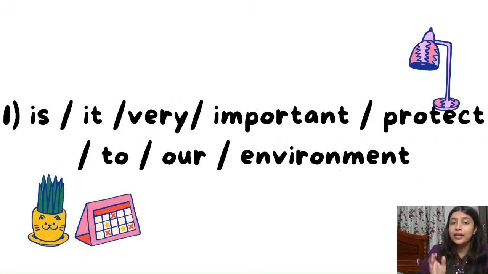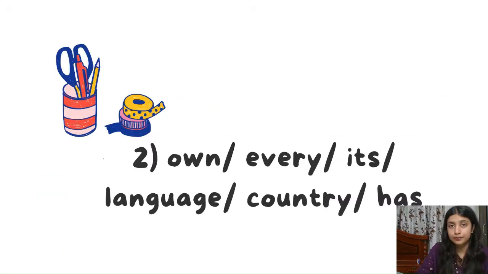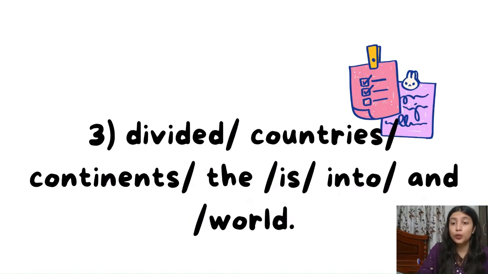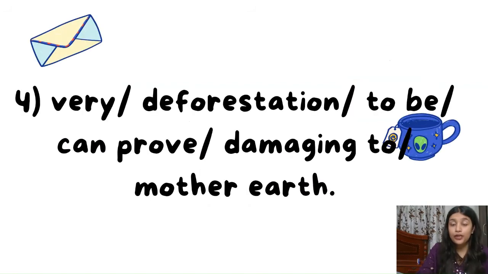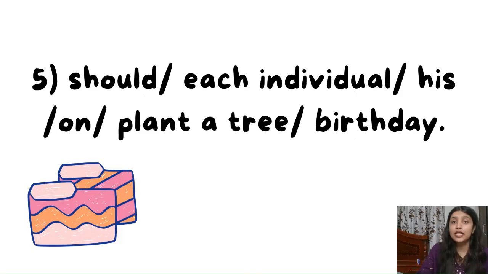It is very important to protect our environment. Every country has its own language. The world is divided into continents and countries. Deforestation can prove to be very damaging to Mother Earth. Each individual should plant a tree on his birthday.